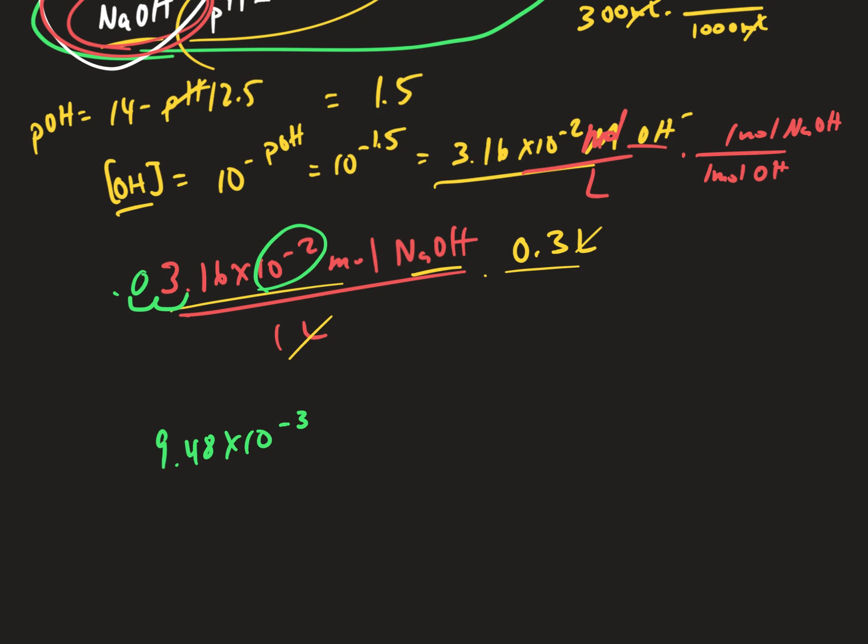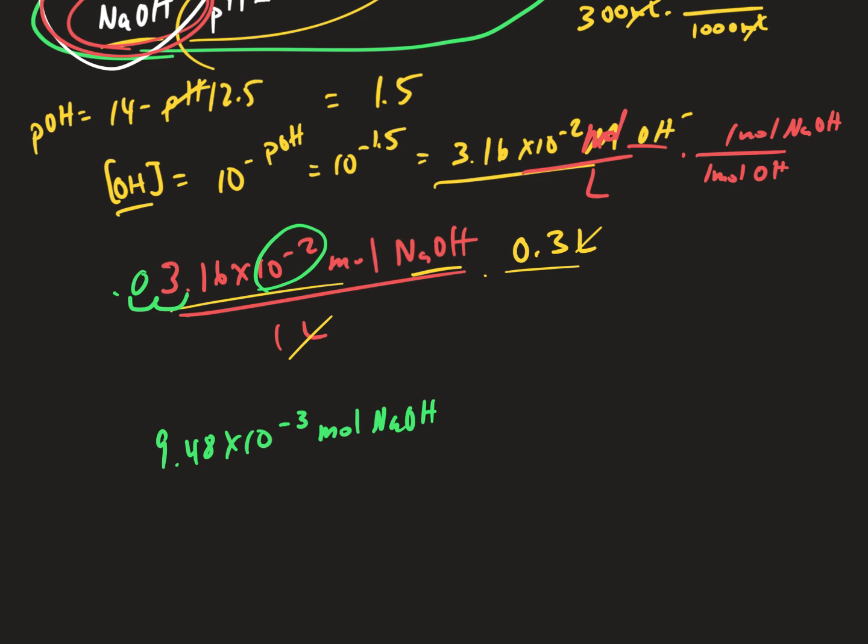Don't just believe your calculator, because your calculator only does what you tell it to do, and if you make a mistake, it will make a mistake. I didn't know what the answer was, but I knew it wasn't that small just by looking at the other numbers. Make sense? Okay, so that's that many moles of NaOH.